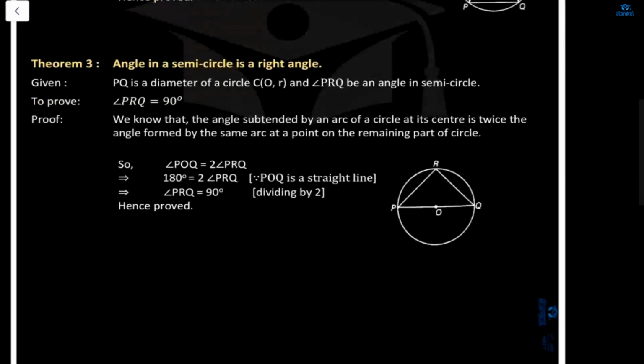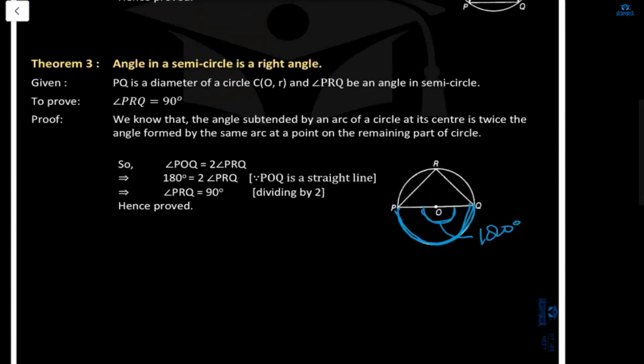Why? What theorem have we covered just now? That the angle subtended at the center is twice the angle subtended by the same arc at any point of the circle. Now this is an arc, PQ is an arc, and it subtends an angle of 180 degrees at the center.